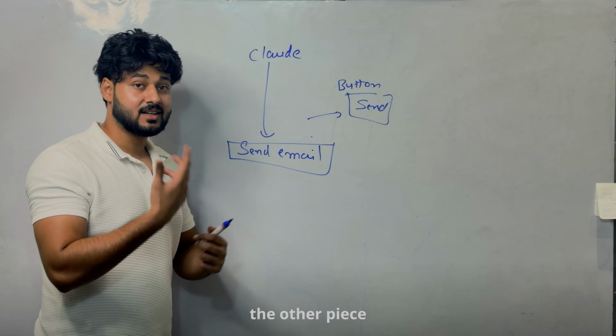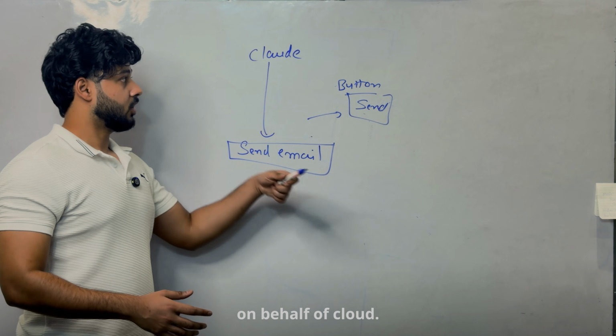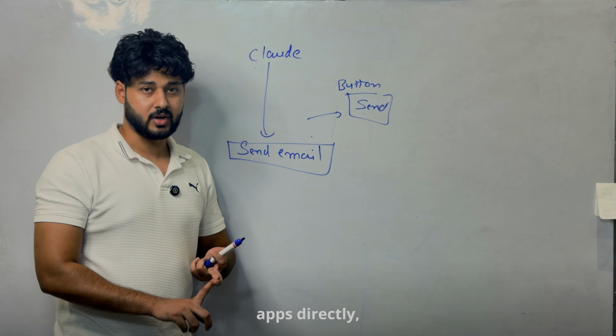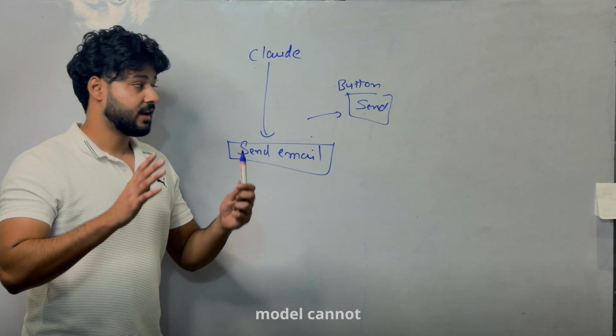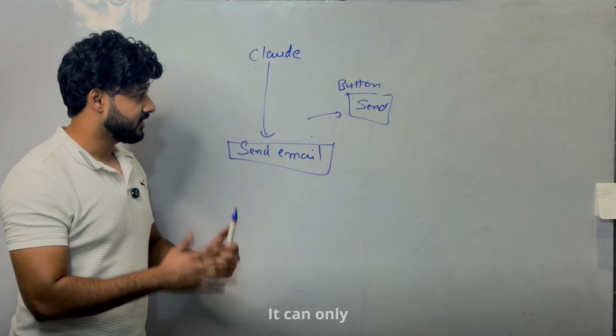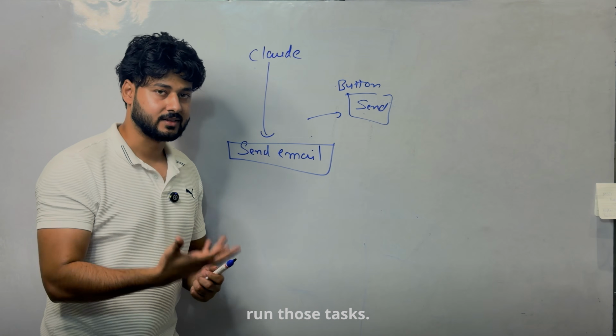It will be another piece of software which clicks on this send button on behalf of Claude, because Claude can't access your APIs directly. Any AI model cannot access your API. Any AI model cannot run your code. It can only use other software to run those tasks.